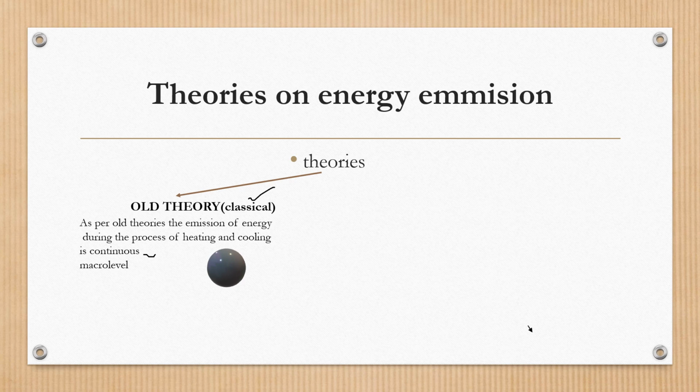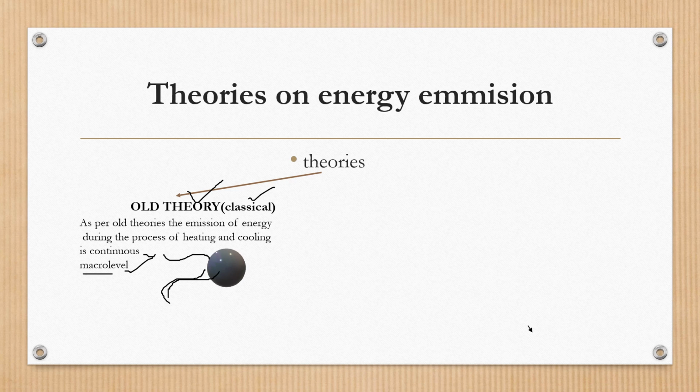Now we know that when a body is heated, the electrons or matter get energy. But when we start the cooling process, it releases energy. According to the old theory, that emission and absorption is continuous at the macro level.